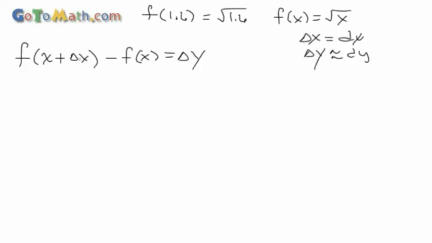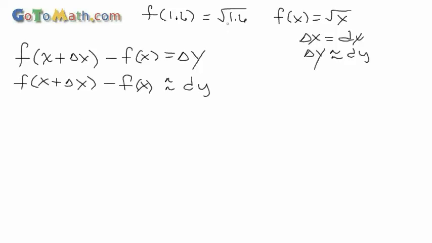So if delta y is approximately dy, then I can change this equal sign to an approximate sign and write dy here, and then continue to write f of x plus delta x minus f of x.